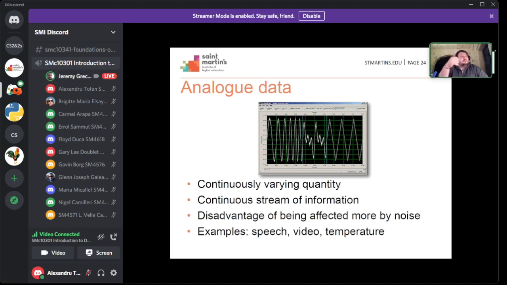The way that you feel within a room, temperature fluctuations, for example, is analog because it's constantly changing depending on circumstances in the environment in which you live. Air pressure is also analog. Wind, and so on and so forth. You get the picture.